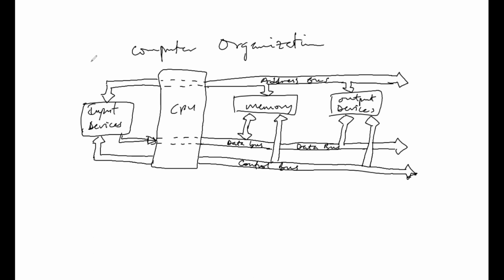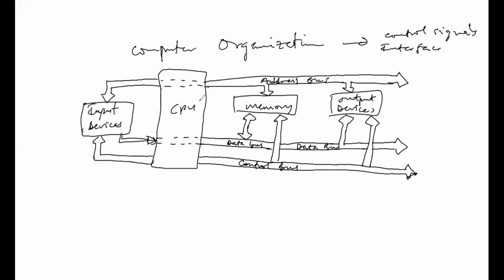Now, you recall that we said that computer organization deals with the control signals, right? And also the interface between the input output devices, the CPU and the memory. Okay, so this is what it is for the organization.